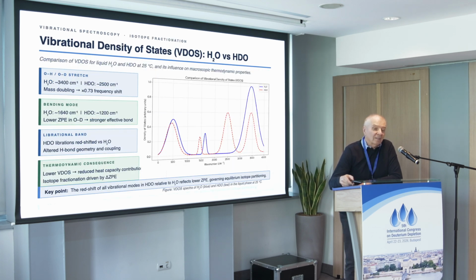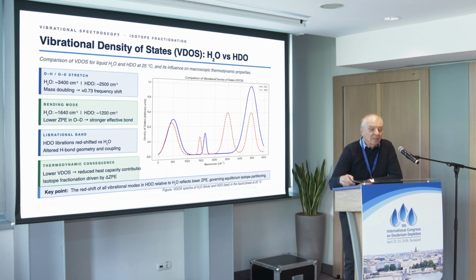Here I briefly show you how the vibrational landscape changes if you replace hydrogen with deuterium. You lose symmetry, and you obtain a new vibrational frequency. I give you the numerical values there, but those are not important. The figure is important.